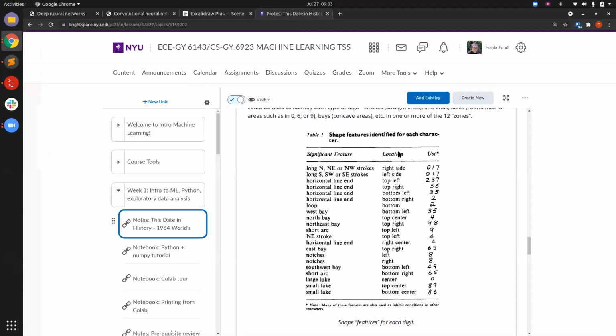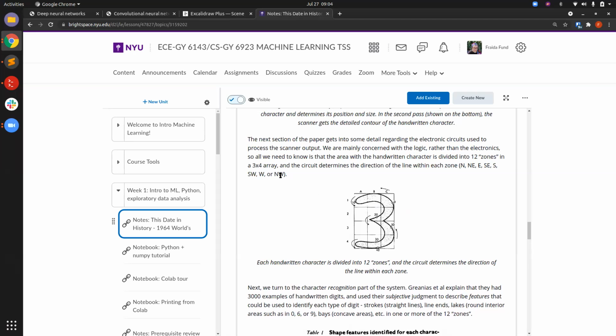The next step after taking the input was extracting features from the input. In this case, the features were which strokes were located in which parts of the image grid. So for this handwritten digit classification problem in 1964, they would take the input and extract the stroke information as features.